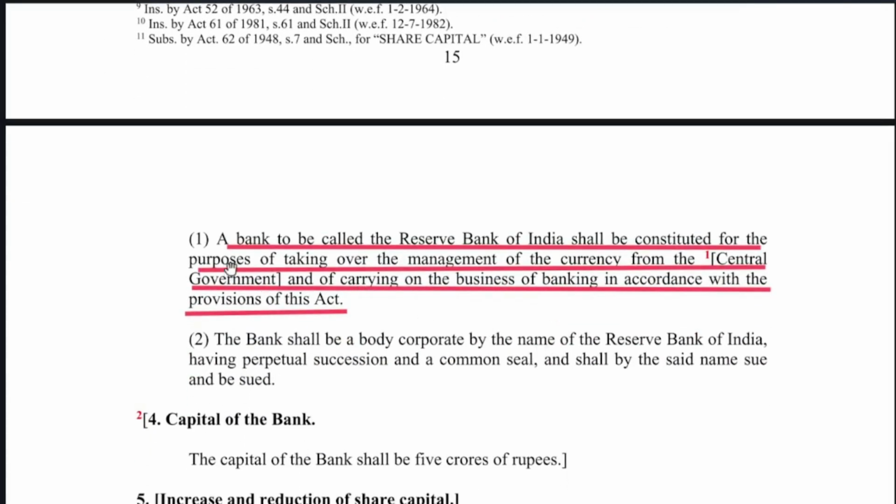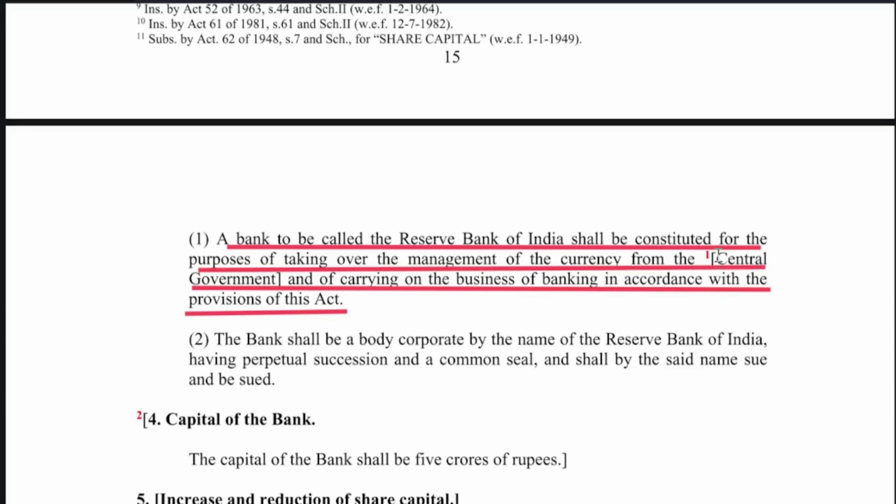Section 3 subsection 1 says that a bank to be called Reserve Bank of India shall be constituted for the purposes of taking over the management of the currency from the central government and for carrying on the business of banking in accordance with the provisions of this Act. Meaning, prior to the creation of the Reserve Bank of India, currency management would have been done by the central government.